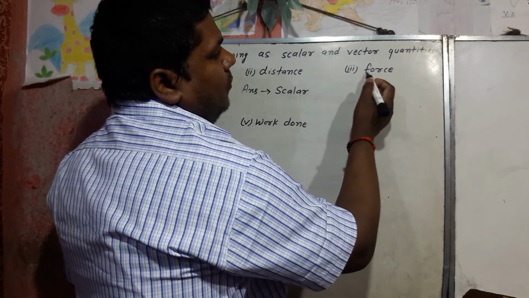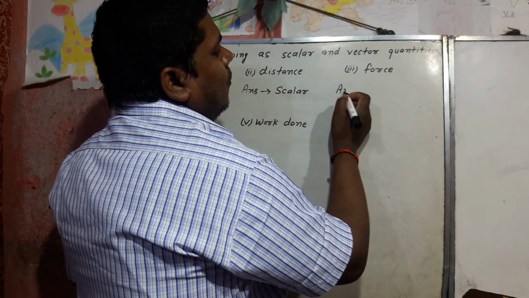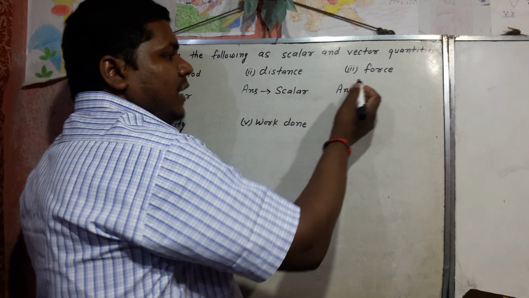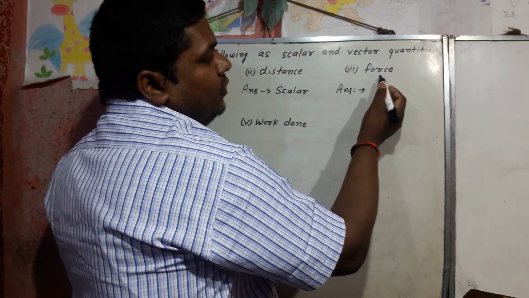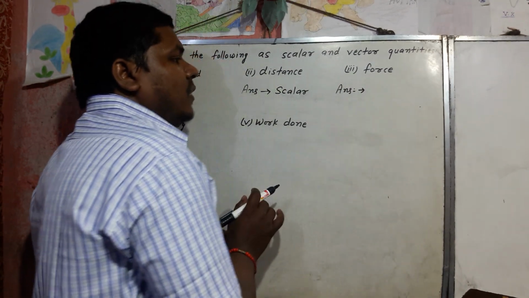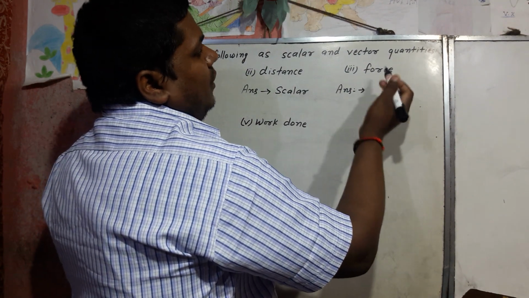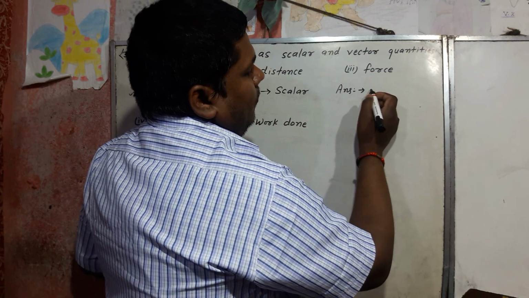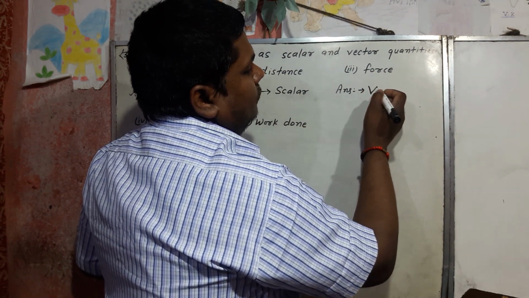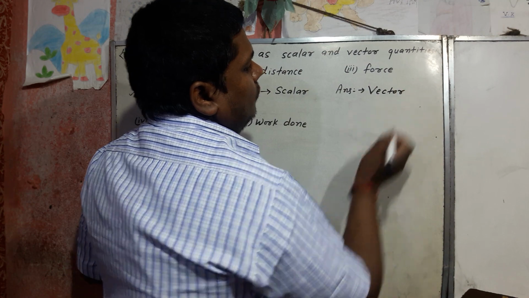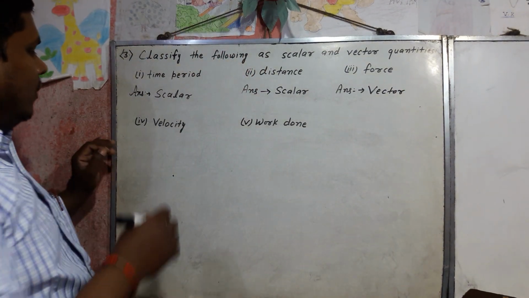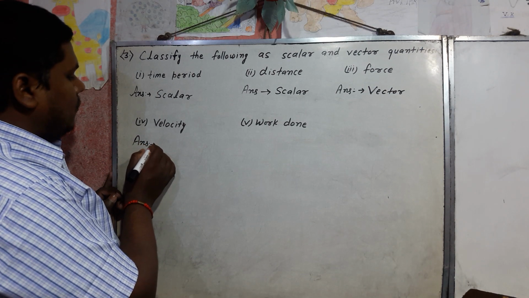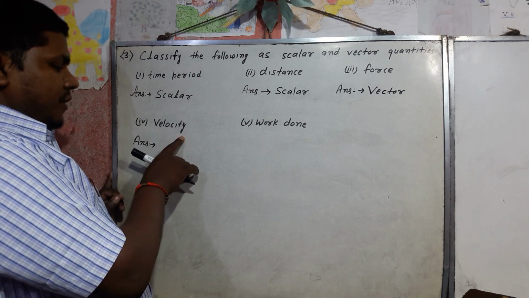Number 3, force. The given quantity has magnitude and also definite direction, so it is a vector quantity. Number 4, velocity.